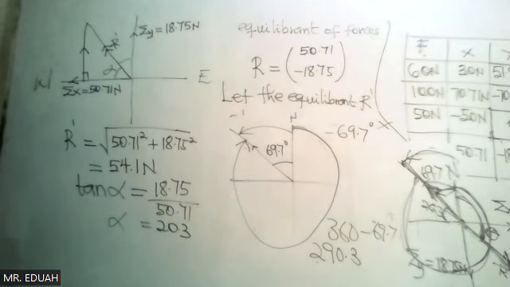So P has magnitude of 4 and direction 60. Q has magnitude of 2 and acts in a direction 225 degrees from the north.